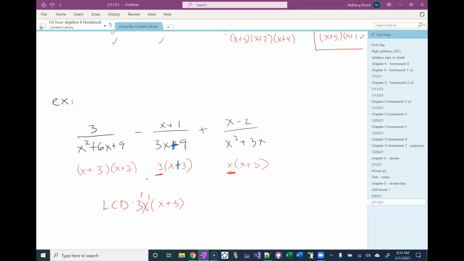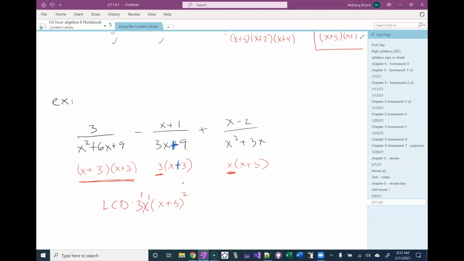And how many times does an x plus 3 occur? Twice. Because we're only looking at one fraction at a time when we're asking ourselves how many times does something occur, right? Looking at each fraction and the most number of times that occurs. So that's my least common denominator.